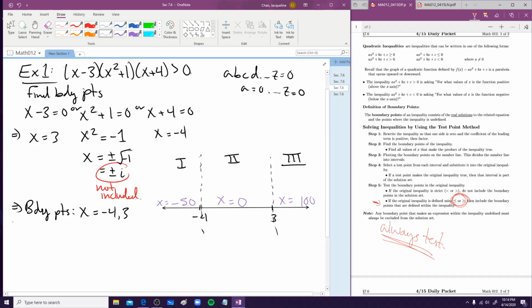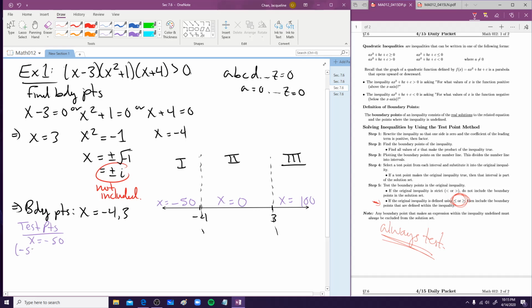So now we want to test points. When we do that, I'm going to look at x equal to negative 50. And we have x minus 3, x squared plus 1. Sorry, I should probably put in what x is.